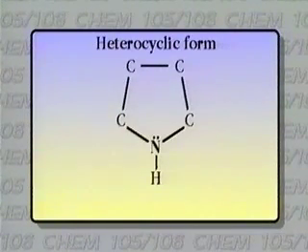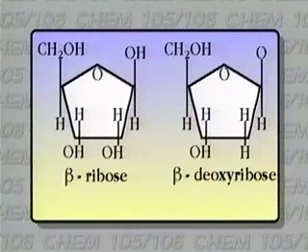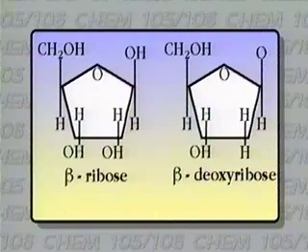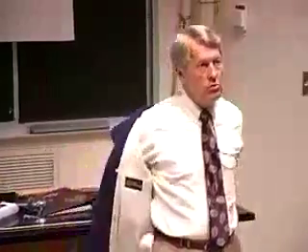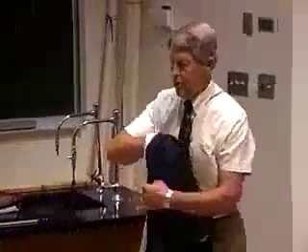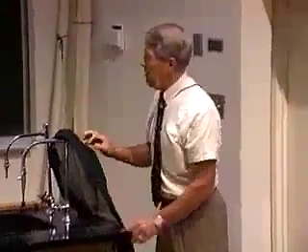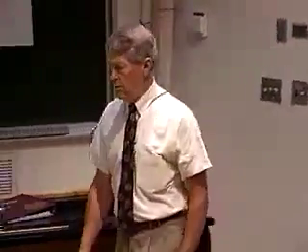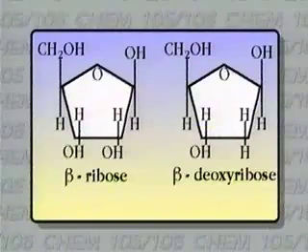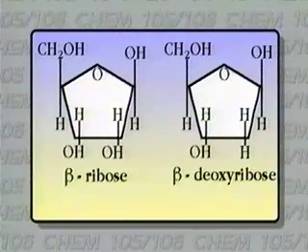So let's take a look at the pentose sugar then in its heterocyclic form. We have two types of pentose sugars, and we're going to come back and talk about these even further when we talk about the nucleic acids. This is called the ribose sugar.